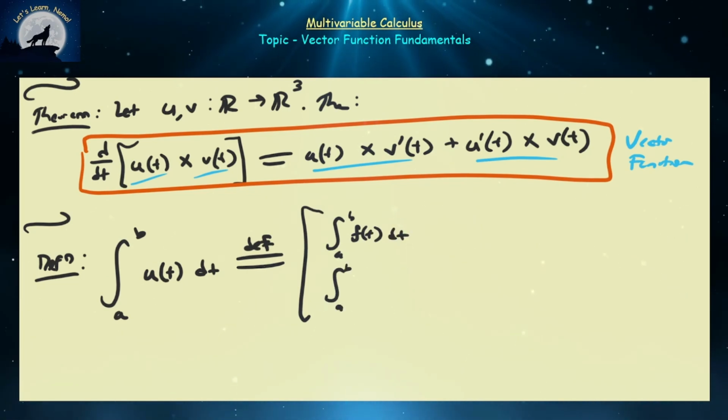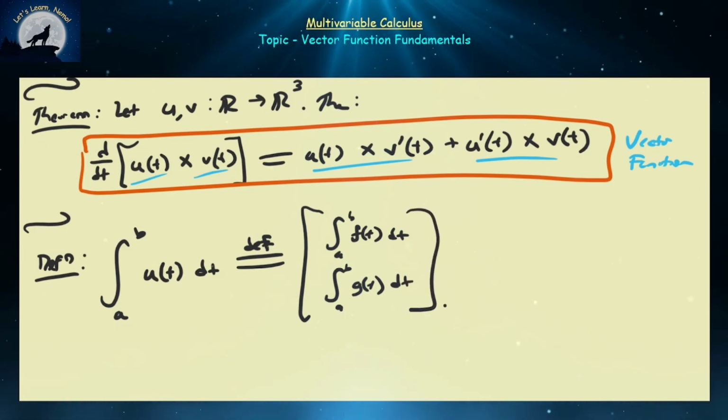So the integral from a to b of f(t) dt, and the integral from a to b of g(t) dt. So as long as the components are Riemann integrable, then the vector function is said to be Riemann integrable with this particular structure. And then you have several other things, such as integration by parts and u substitution and change of variables associated with that, but I'll let you explore that since you now have the definition of it.